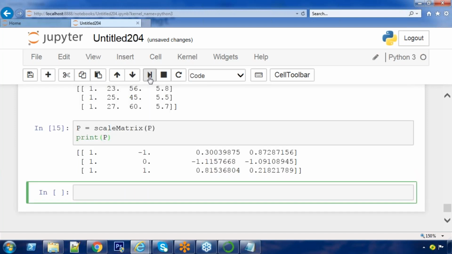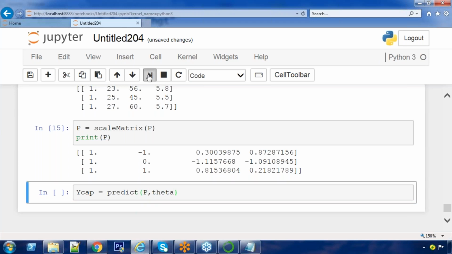Now I'm going to apply prediction. Let's say y cap is equal to predict of input matrix and coefficient matrix. The matured coefficients are in theta.